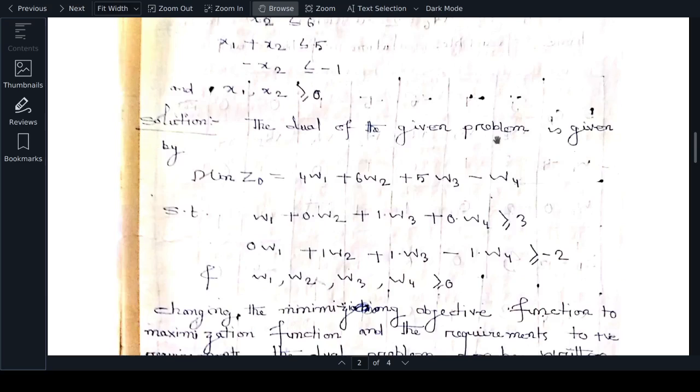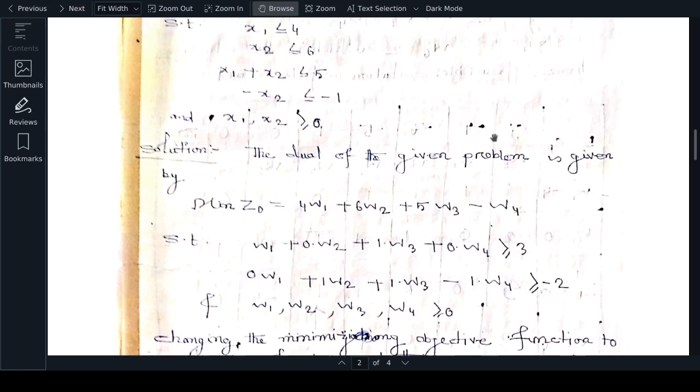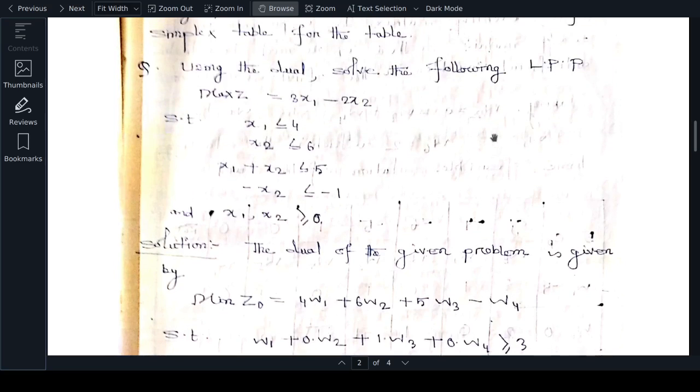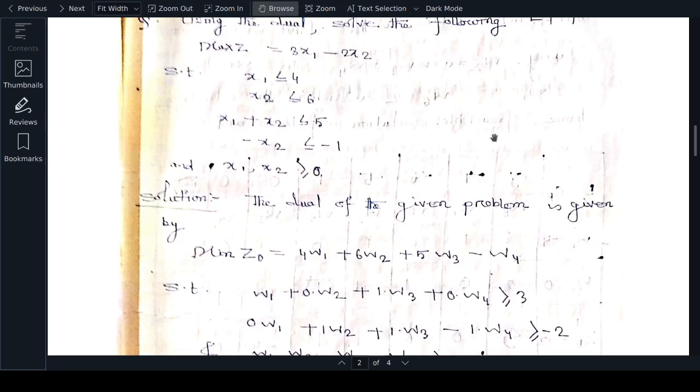Here the given objective function is maximization. How many constraints here in the primal? 4.